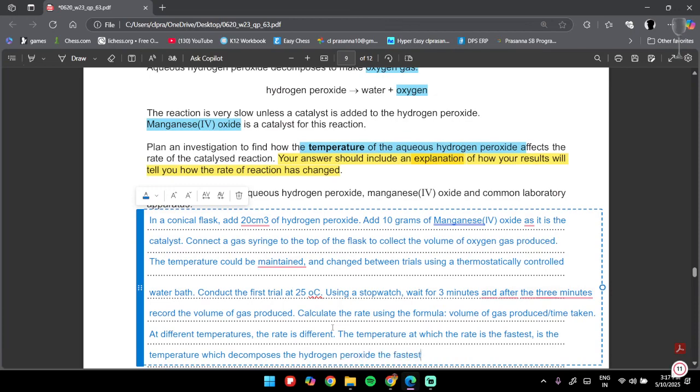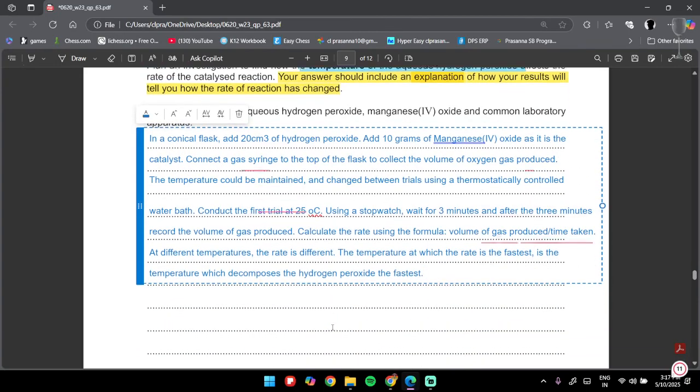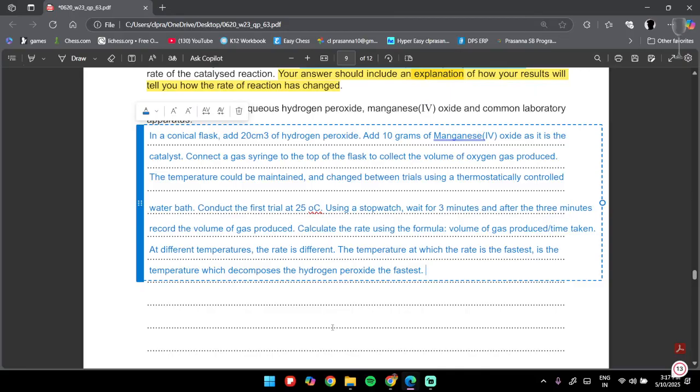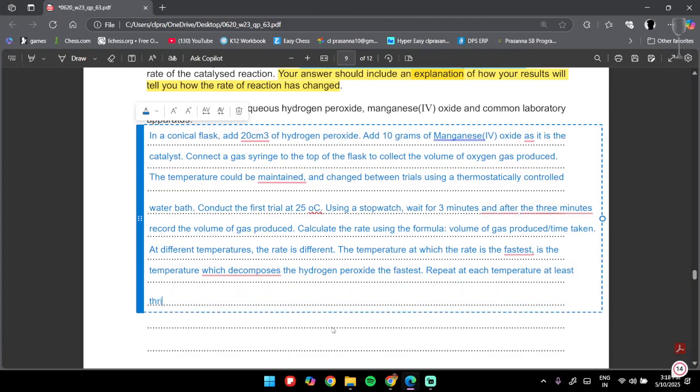Okay. Now you are going to get your marks still here. Like if you have mentioned everything properly, you have already gotten your 6 marks. But this is just to ensure that if the examiner is in a happy mood, he might just give an extra mark if you missed a point. So I would say repeat at each temperature at least maybe thrice and find average.